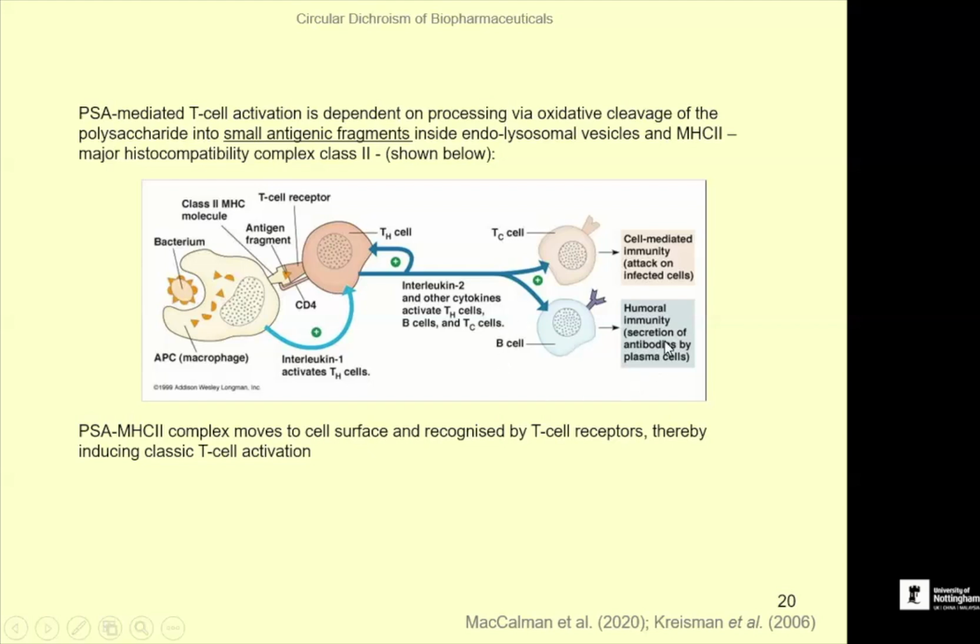So carbohydrates normally only produce this, PSA produces this and this, so we get the best of both worlds, but we get the long-term one, which is what we're really after.